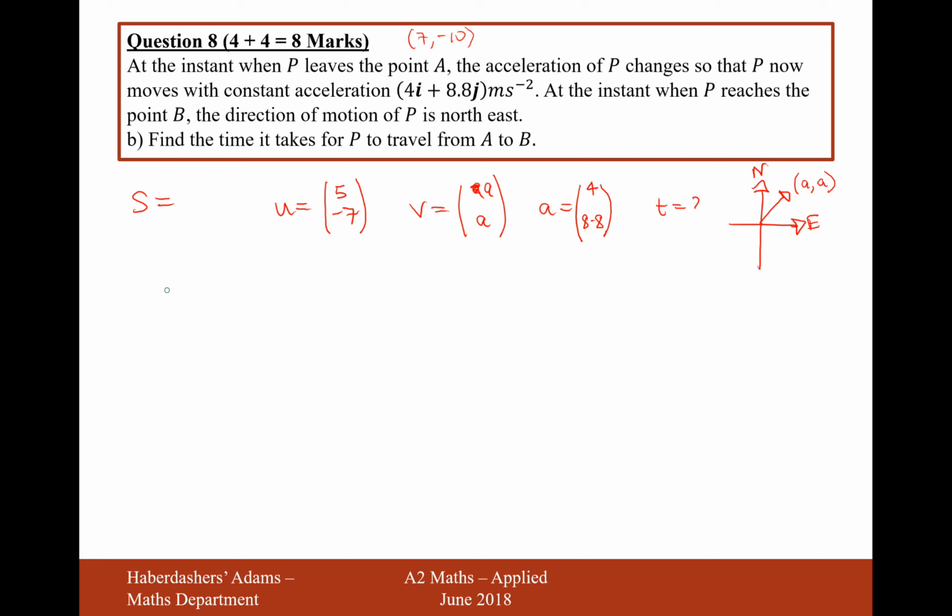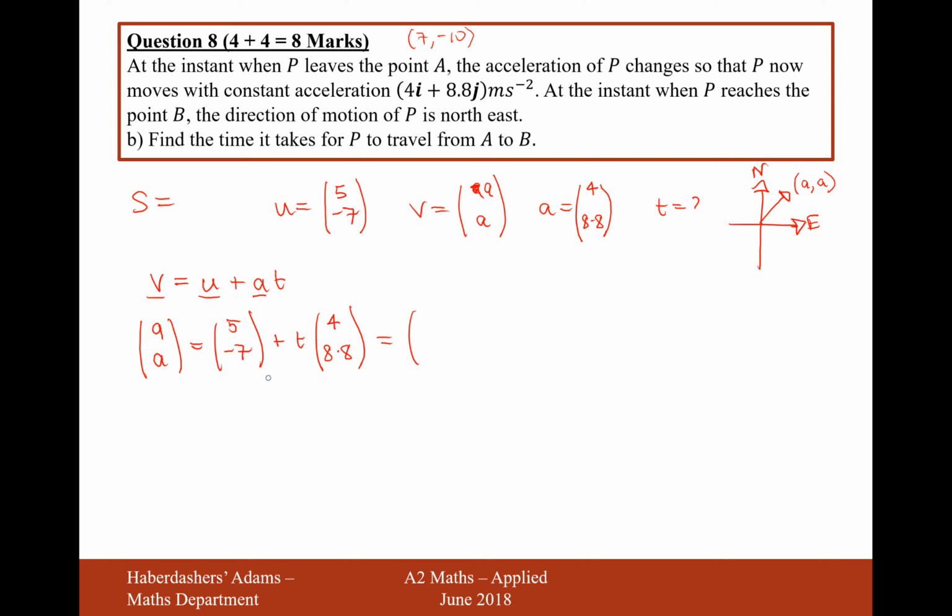So again, we need to use v equals u plus at. The vectors are v, u, a, and t. The vector v is going to be a, the vector u is going to be 5 minus 7, and the vector a is going to be 4, 8.8, times t.